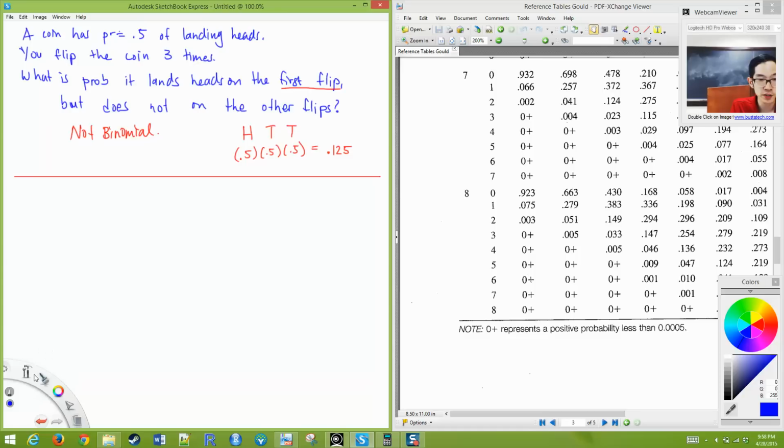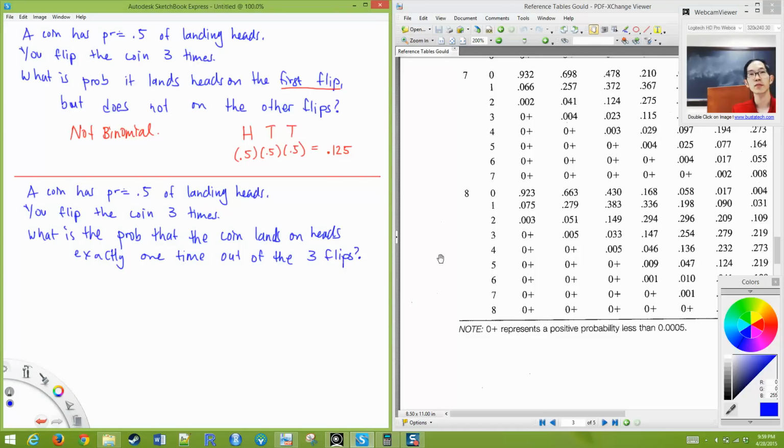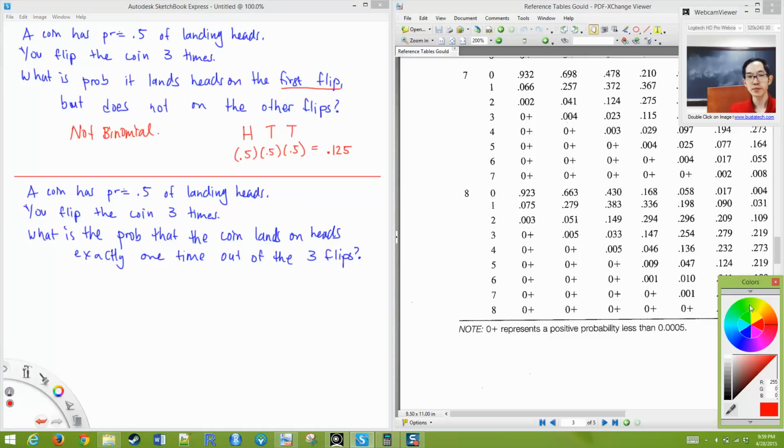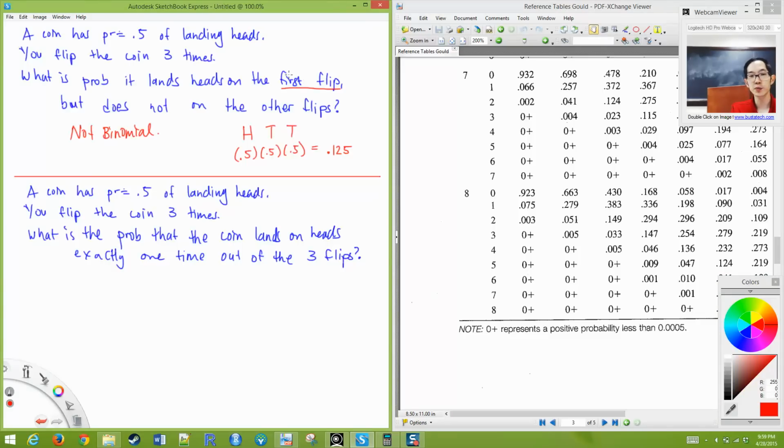I want to just point something out here, okay? There's a relationship between these two, and you don't have to worry about this. But when I say exactly one time out of 3 flips, there are 3 ways this could happen. I could get heads, tails, tails. I could get tails, heads, tails. And I could also get tails, tails, heads.